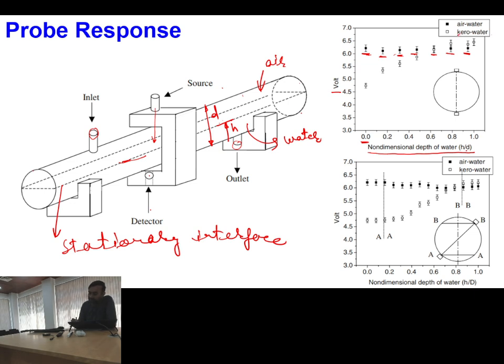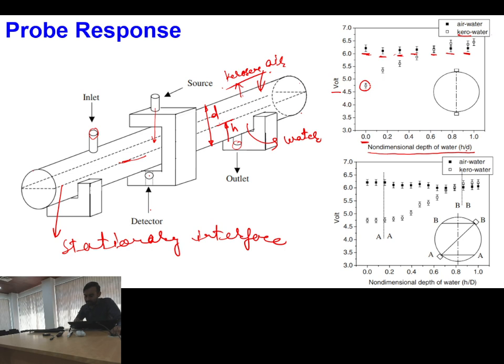Then the second case is kerosene and water. Here, in place of air, the fluid used is kerosene. For the kerosene-water system, when you have no water and pure kerosene is present, your output voltage is this one.